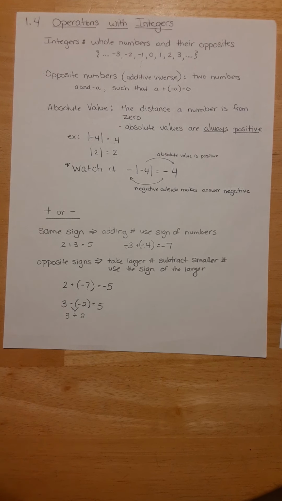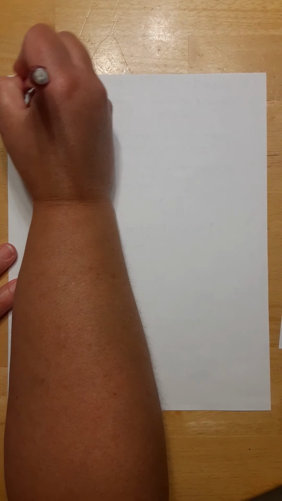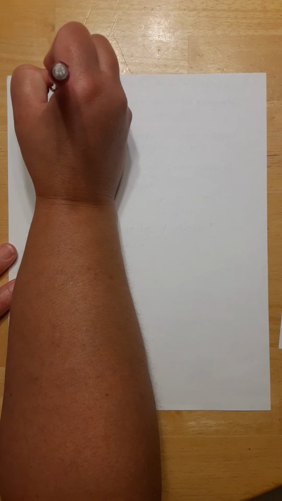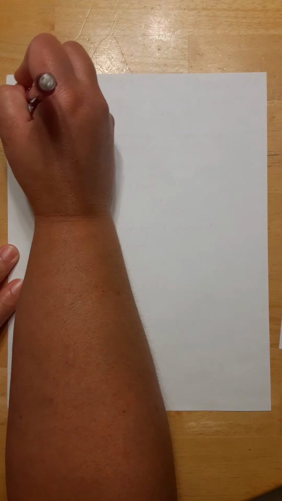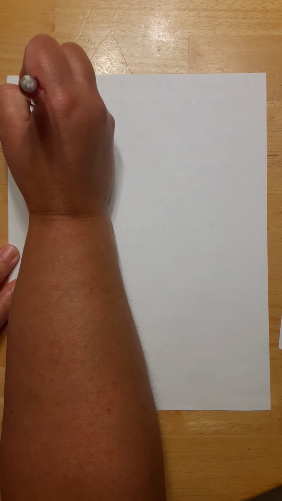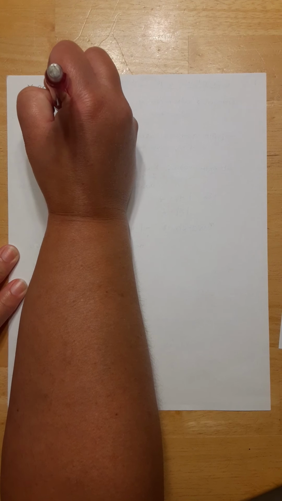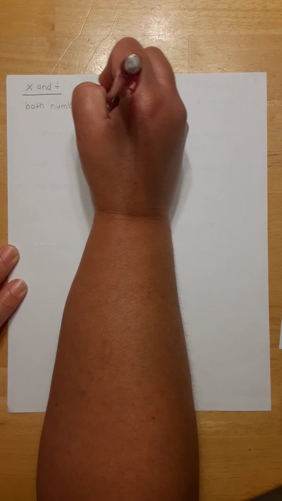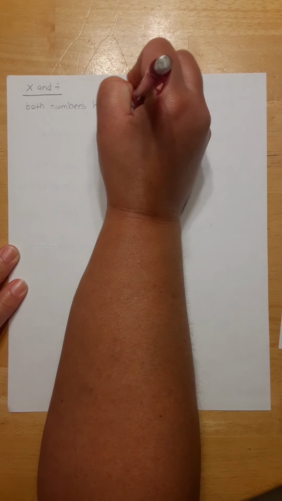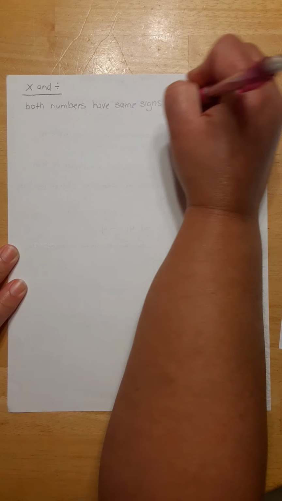Okay, so that's doing addition and subtraction. Remember, multiplication and division have the same rules. If both numbers have the same signs, we're going to have a positive number.